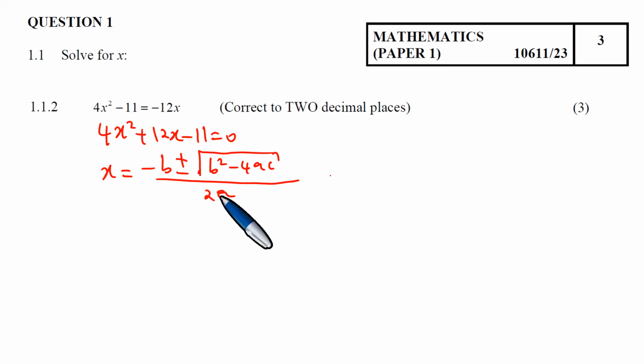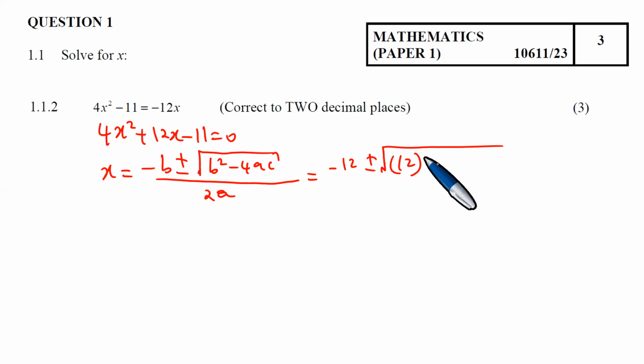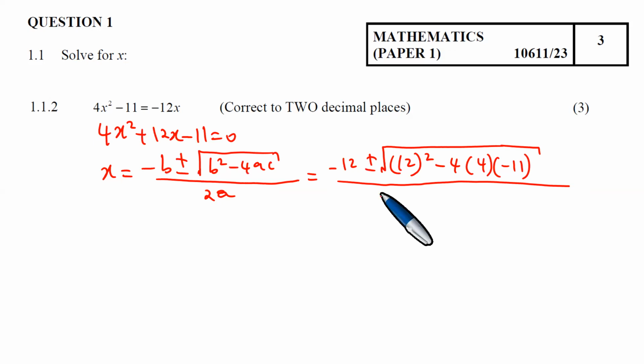Right, so we continue to solve this. It's minus b, which would be minus 12, plus or minus the square root of 12 squared minus 4, where a is 4 and c is minus 11. And this is divided by twice a, and a here is the number 4, the coefficient of the quadratic term.